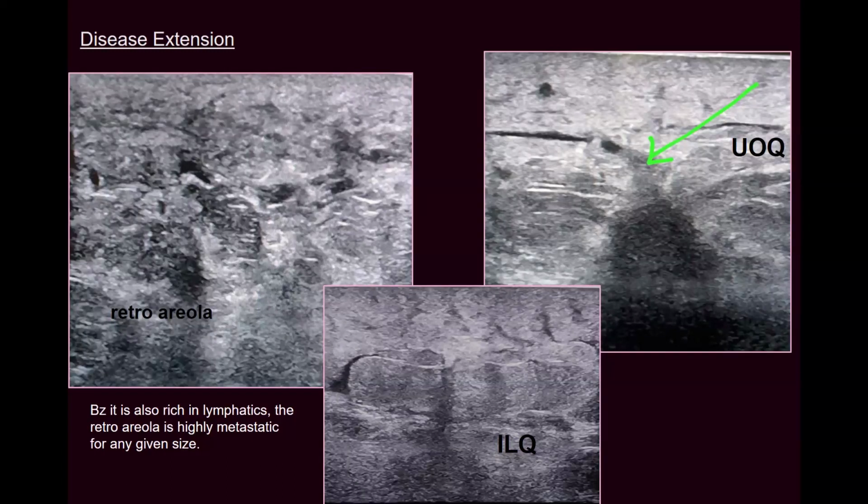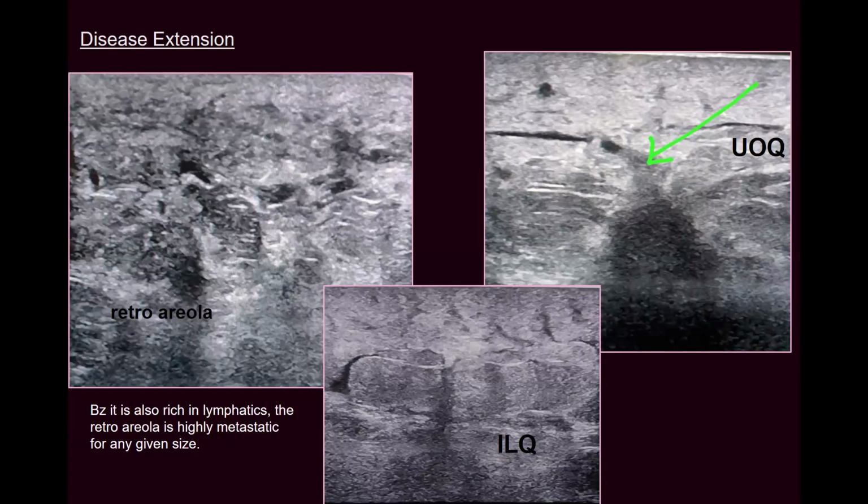You see, and as you know, a lesion of any given size in a subareolar region is also considered a predictive location. Because of the lymphatic rich region, any lesion in the subareolar, in the retroareolar region, will go directly to the axillary lymph node, and most of the time it will be associated with metastatic adenopathy.